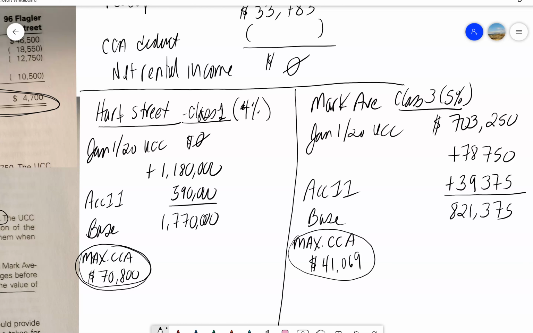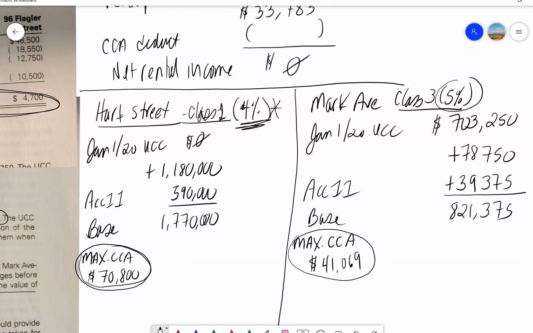Now, if both of these classes had the same CCA rate, it wouldn't really matter. But because they're different, this is where some tax planning comes into place. The class 1 is 4% rate, and the class 3 is 5% rate. The rule says that if you have a choice, you should take CCA from the lower rate class. The lower rate class would be the 4%.